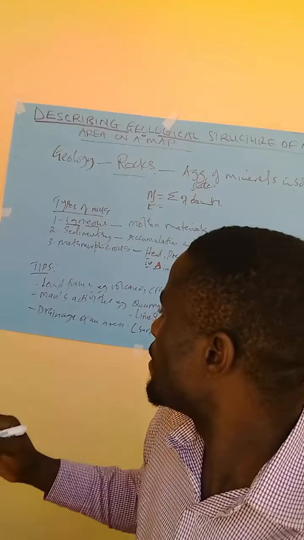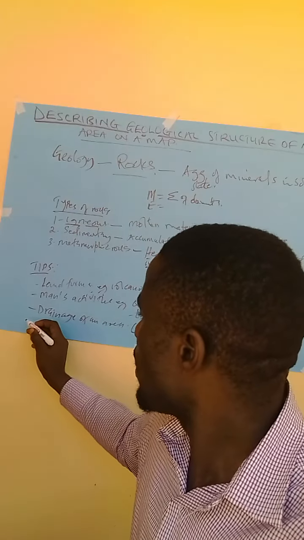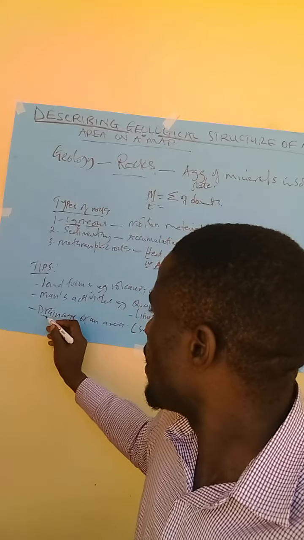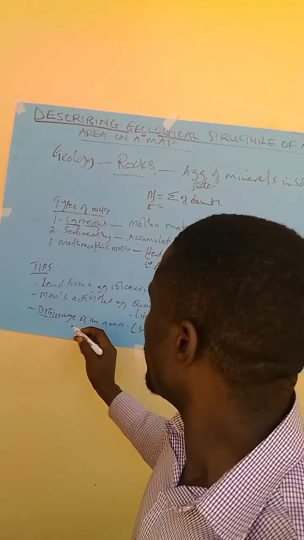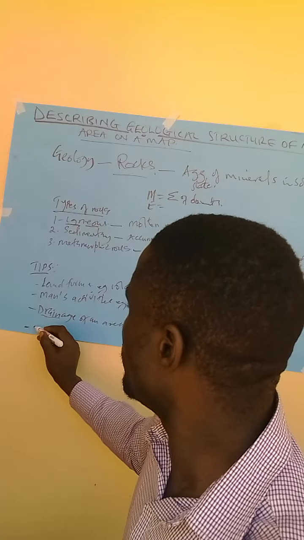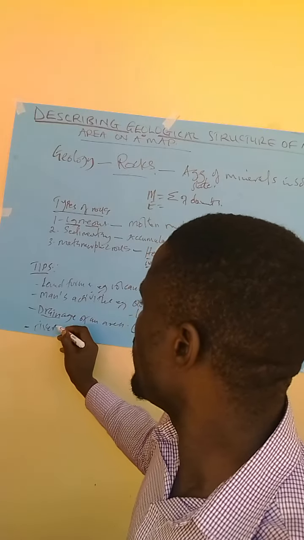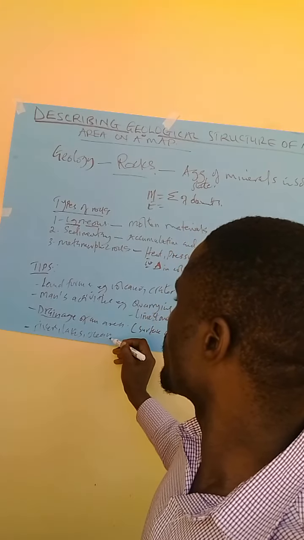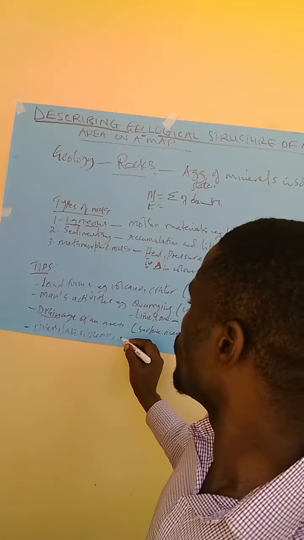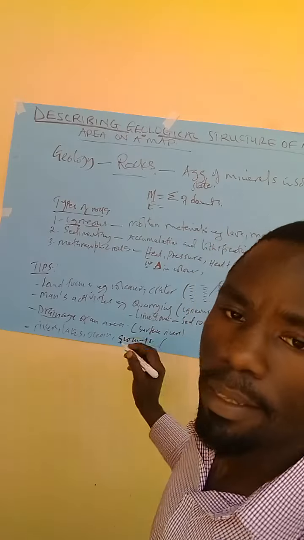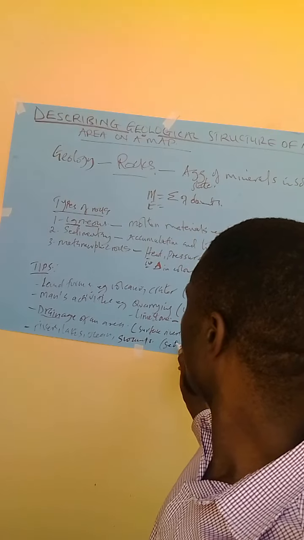Then we can also look at where we have very many rivers, zero drainage, lakes, ocean, swamps, wetlands. These areas are having sedimentary rocks.